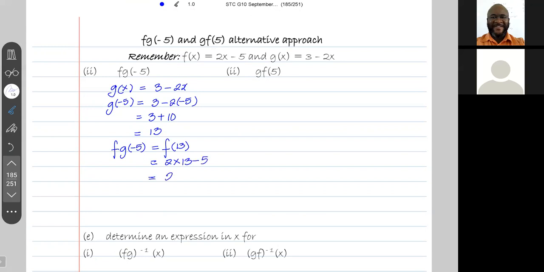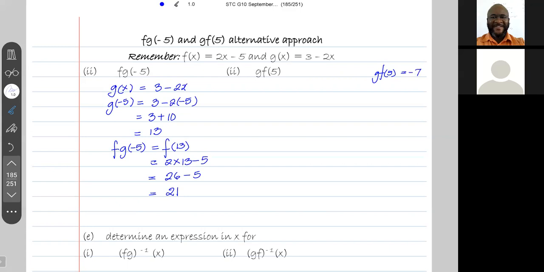This is 26 minus 5. The answer here is 21. And you can remember when we did it the other way on the other side, we also got 21. Just like how the answer for g of f of 5 should come out to be minus 7.